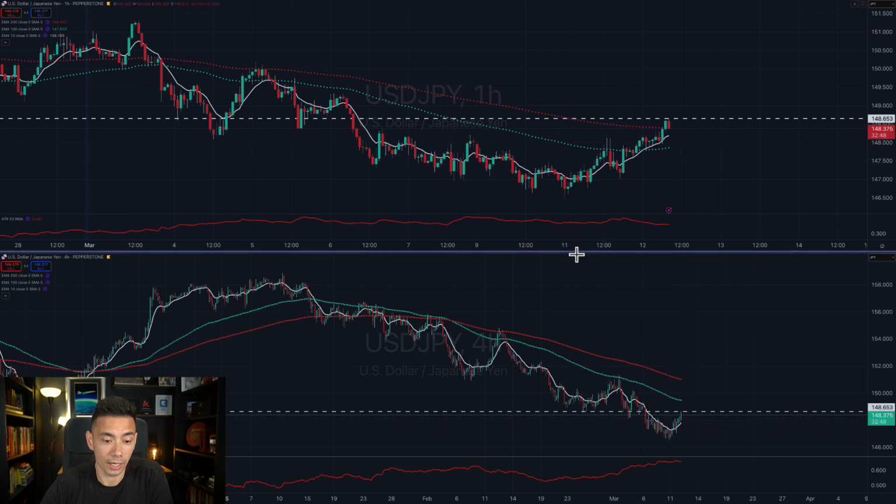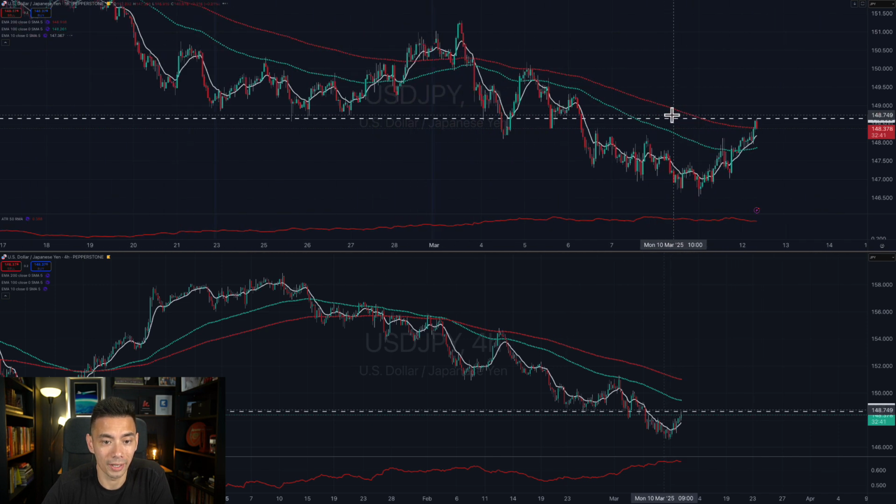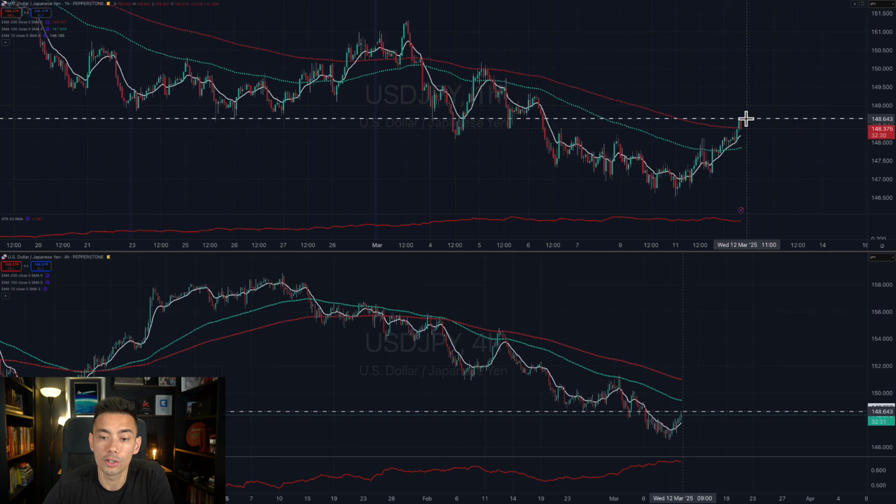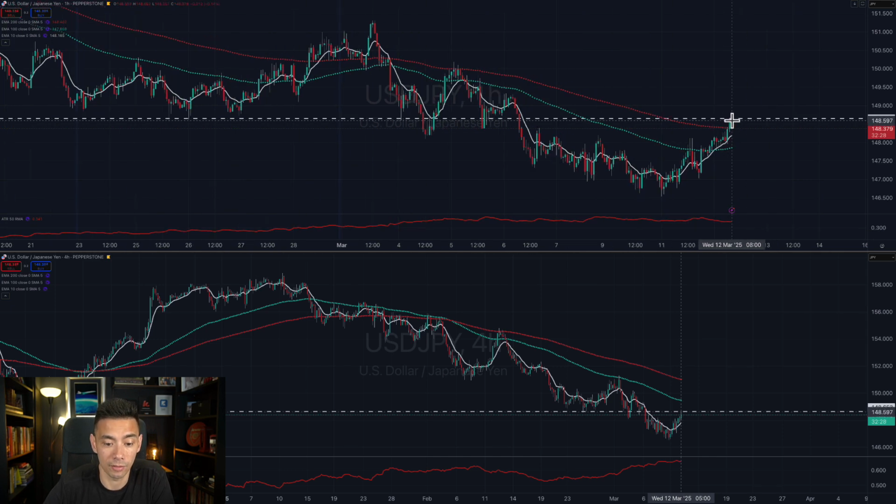If we take a look at the dollar yen, this is very, very much to the downside. I think that the technical trend here is going to take quite a little bit to change. We have pulled back to a previous level of support here, which is acting as resistance at the 148.64. So you could have taken an immediate bounce from this level. That would have been completely valid, either on the 1 hour chart or the 4 hour chart over here.